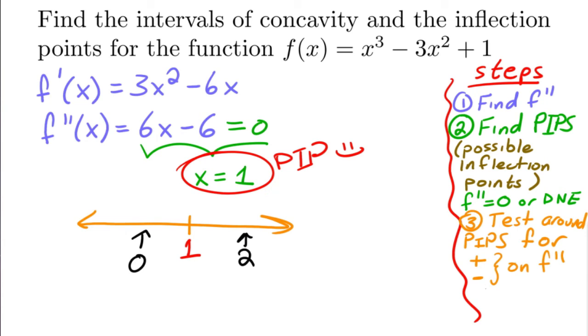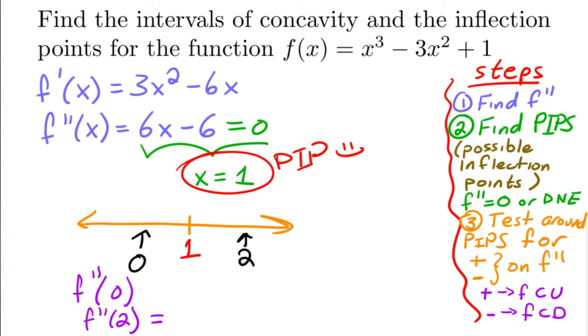Well, remember, if the second derivative is positive, that means that the function is going to be concave up. If the second derivative is negative, that means the function is going to be concave down. Oh, so it's the same thing as the first derivative test, except that it just tells you something different. So you plug in 0 into the second derivative, you plug in 2 into the second derivative.